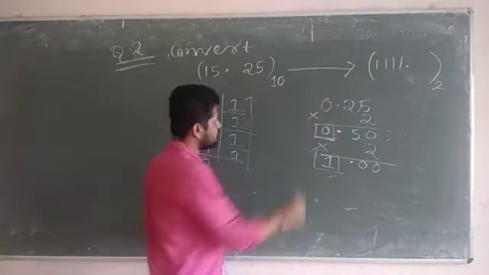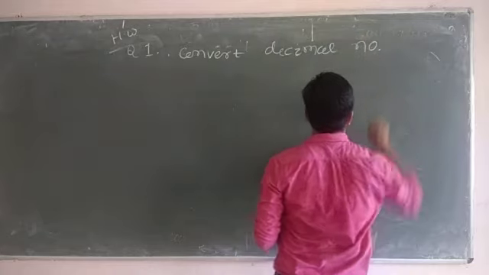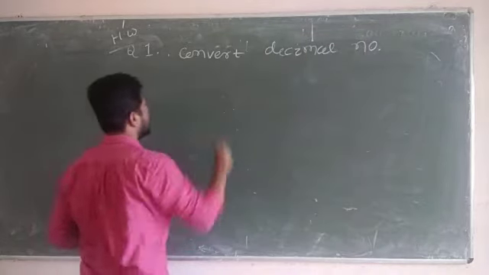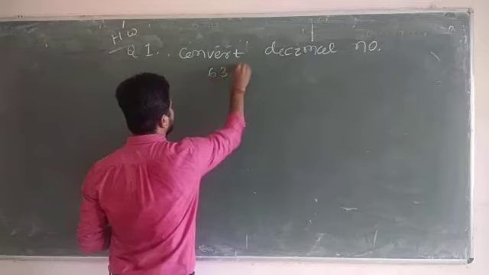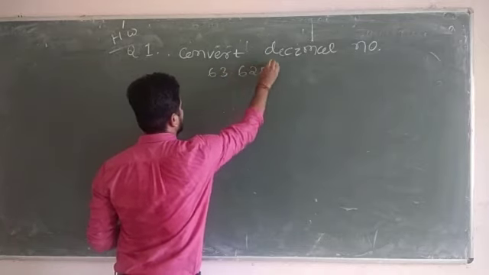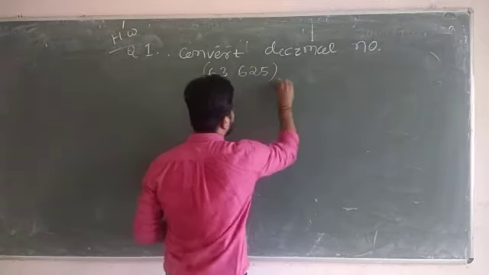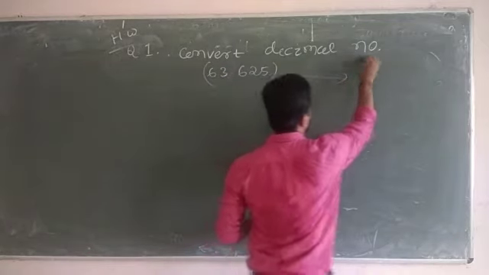Homework. Question number 1: convert the decimal number 63.625 to binary.